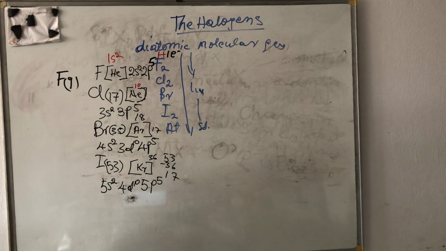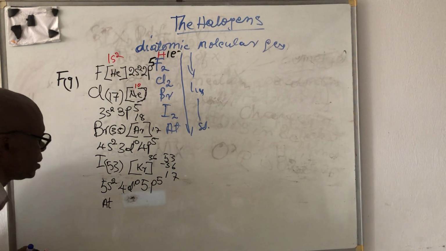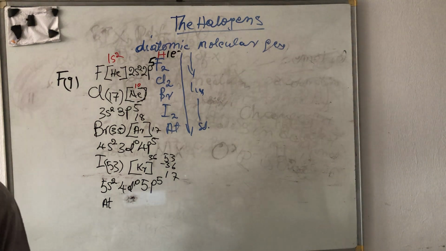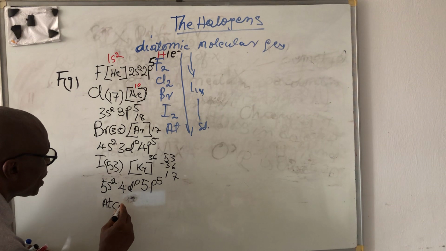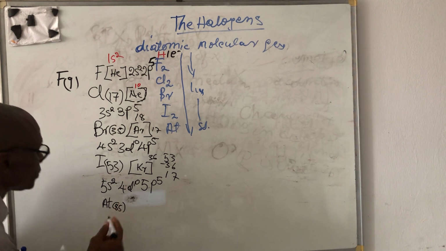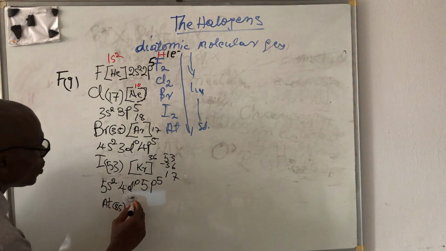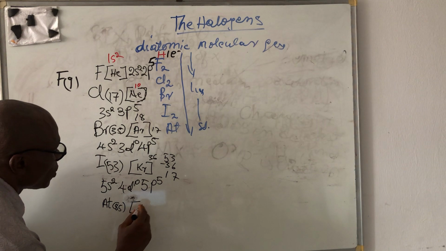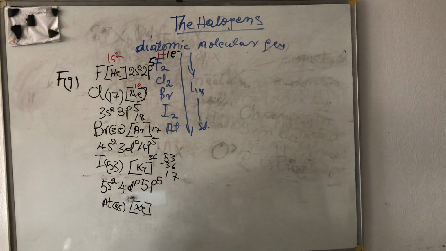And the last member of that group is astatine, atomic number 85. It will carry the xenon core, and xenon is 54.